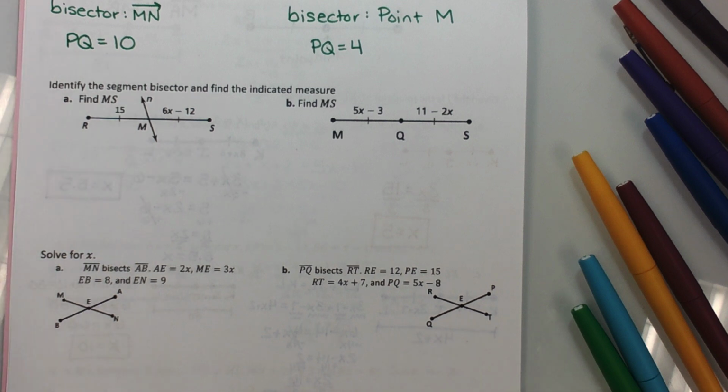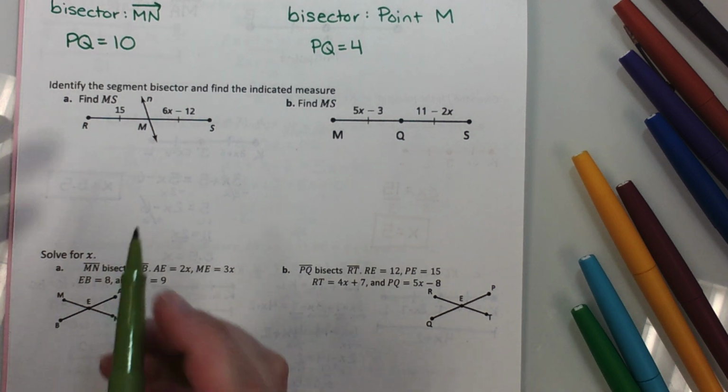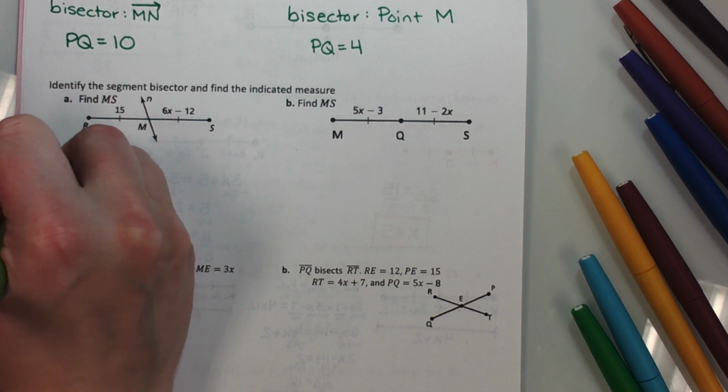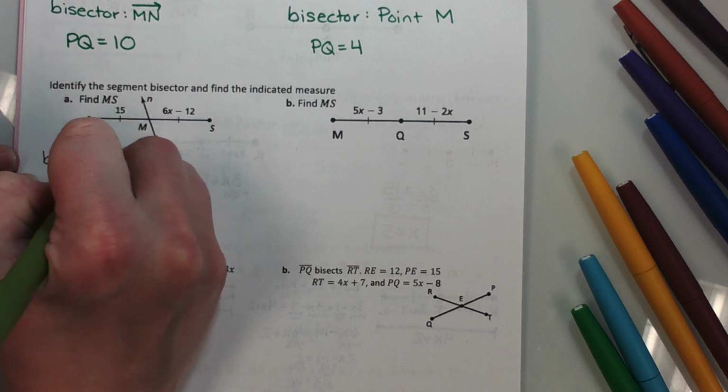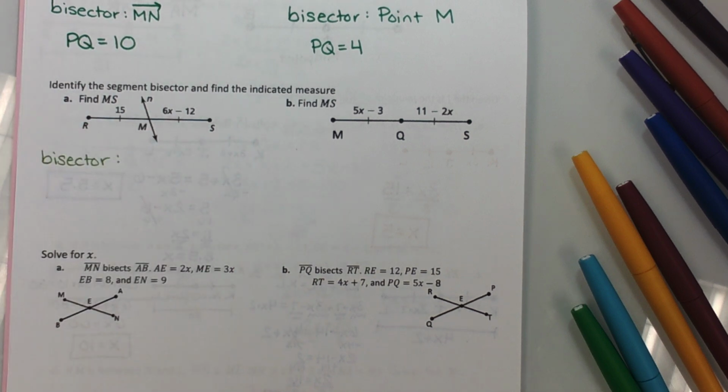Stepping it up in difficulty a little bit. Essentially the same question. Identify the segment bisector, then find the indicated measure. What is the name of the thing going through the middle?